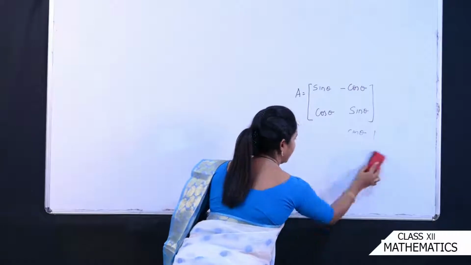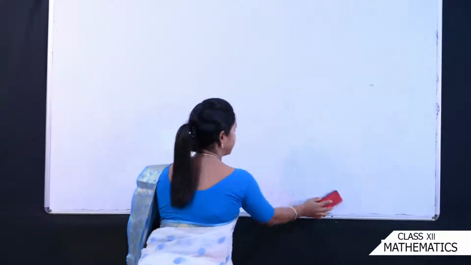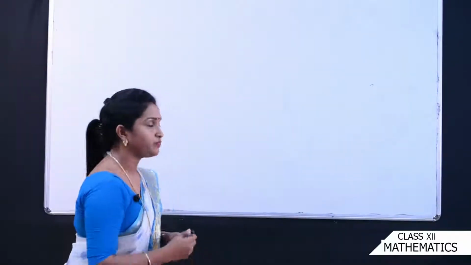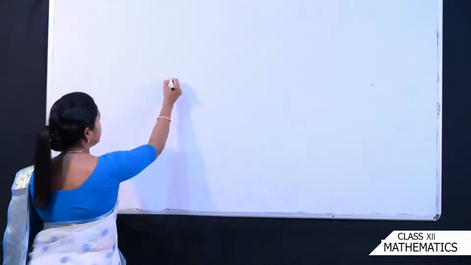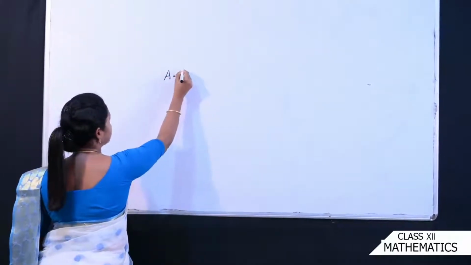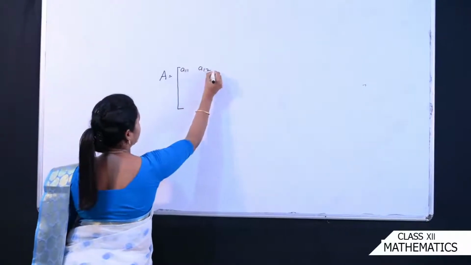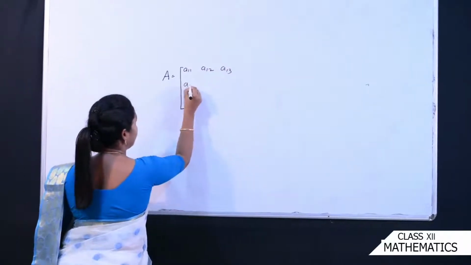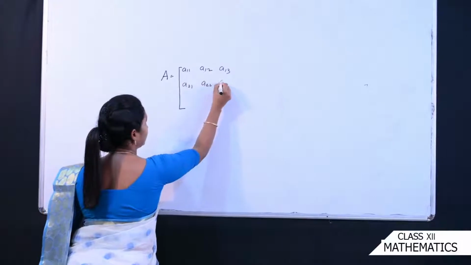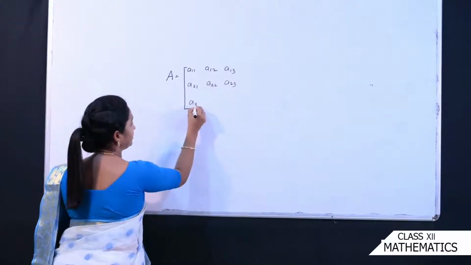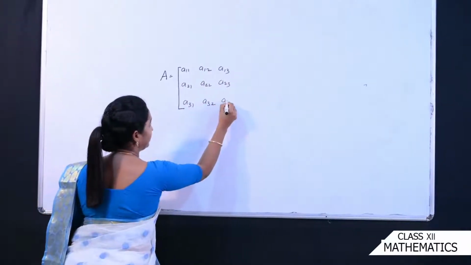Now I'll explain you with one example, then we can see the definition. Now what is a minor? Suppose you have got a 3 by 3 matrix, A11, A12, A13, A21, A22, A23 and A31, A32, A33.